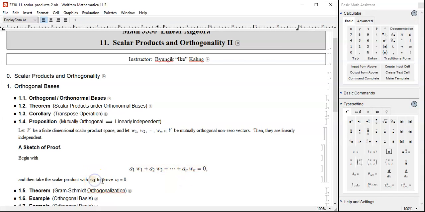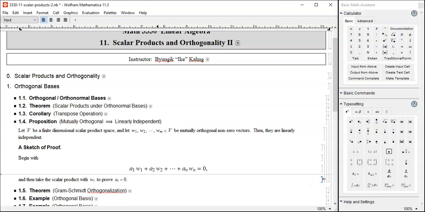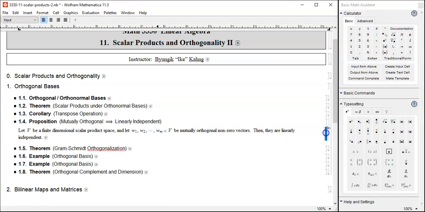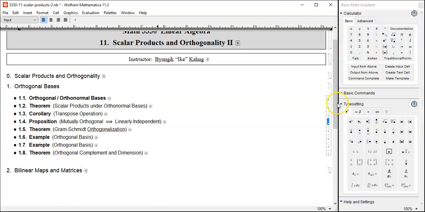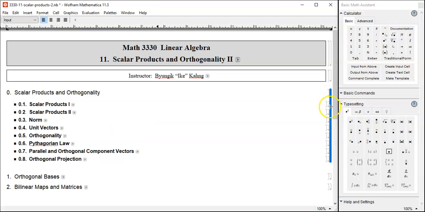My suggestion is to take scalar product by wi, the scalar product of wi with this, and then go from there, do some simplification, and eventually you'll have to use mutually orthogonal at some point, and your goal is to prove that each ai is equal to 0. Good luck.